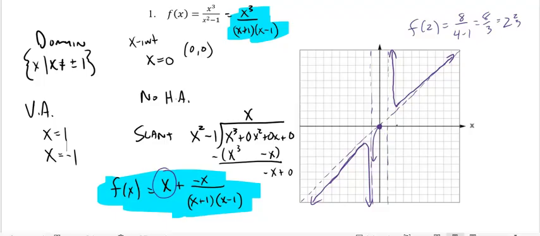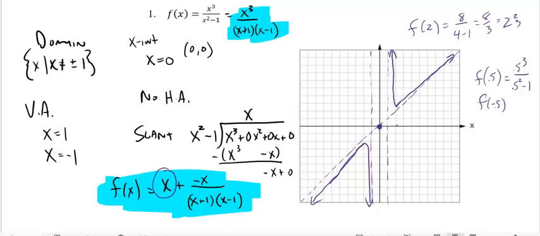So I just need 2 more test points to figure out what's happening. Really, I just need if it's positive or negative near 0. So I would probably take f of 0.5 and f of negative 0.5 as my test points. So I say 0.5 cubed over 0.5 squared minus 1. Can we get away with just deciding if this is positive or negative?